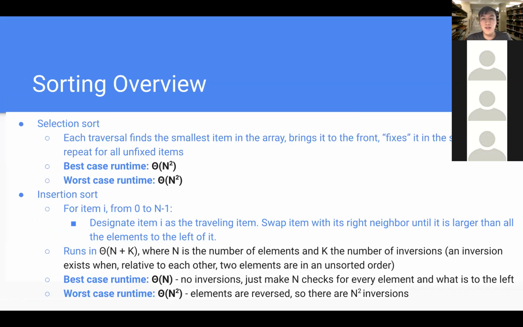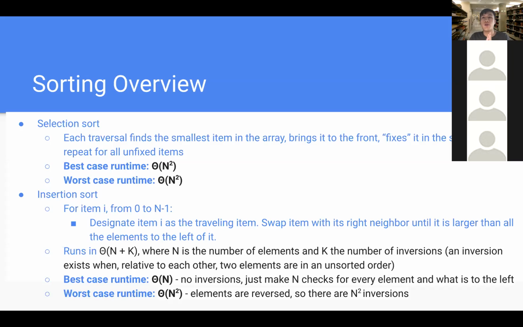But essentially, the idea is that the runtime is theta of n plus k, where n is the number of elements in the entire array, and k is the number of inversions. The reason why inversion is important is that we are only swapping when there's an inversion. An inversion by definition is when an element that is supposed to be on the right side of some other element is instead on the left.